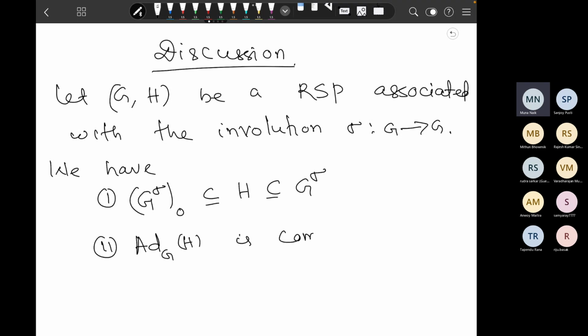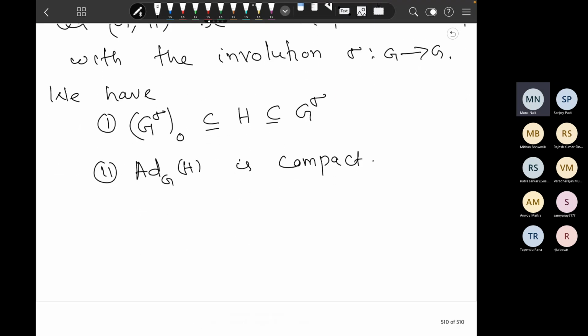Here G_σ is the fixed point set of σ, as you know earlier.